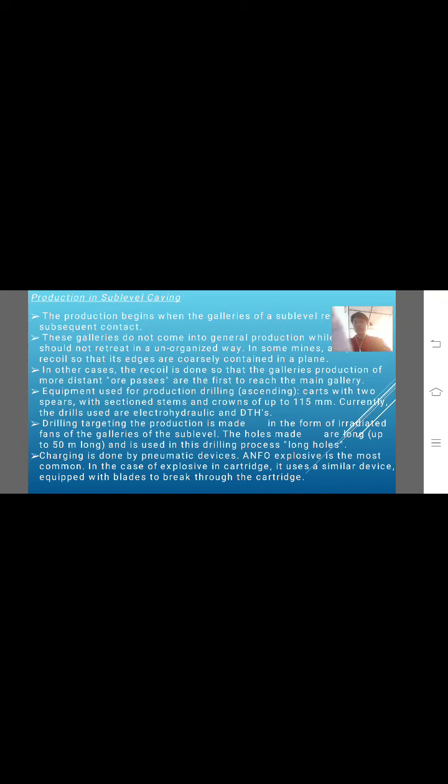The equipment used for the production are drilling, which is ascending, and drill carts with two drills, namely electro-hydraulic and DTHs. Charging is done by pneumatic devices, and the explosive commonly used is ANFO explosives. LHDs are used for transport and unloading ore.